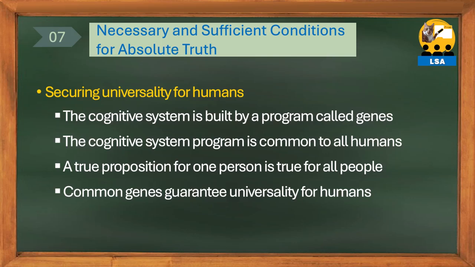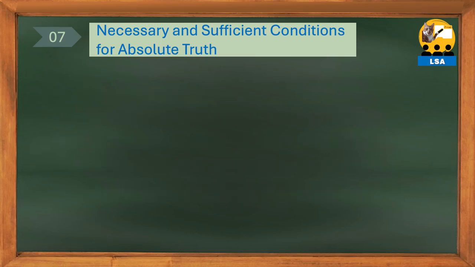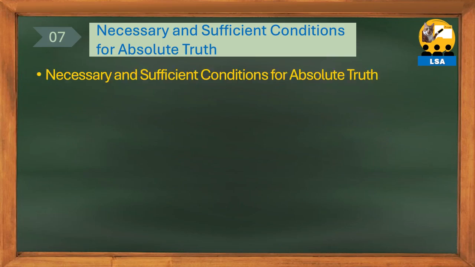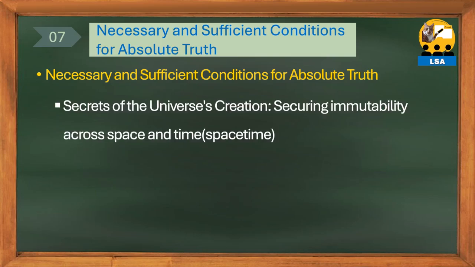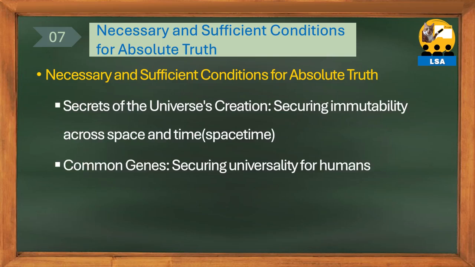A priori knowledge in philosophy could mostly be replaced by common genes. Based on the discussion so far, the necessary and sufficient conditions for absolute truth are the secrets of the universe's creation and the common genes of the human cognitive system. The creation secrets of the universe secure the immutability of space-time, and the common genes of the cognitive system secure universality for humans.